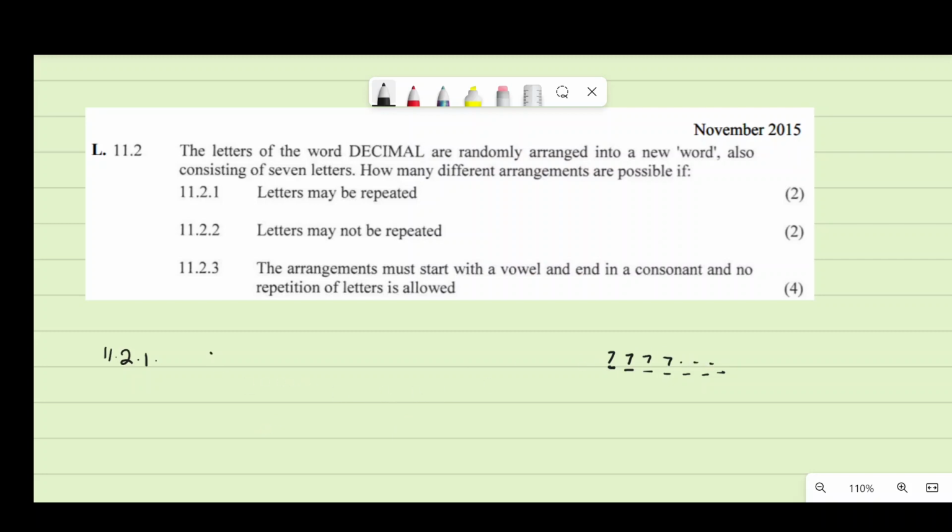So the answer is going to be 7 times 7 times 7, or you just say 7 to the power 7. So use the calculator to get the final answer. 7 to the power 7. The answer is 823543.